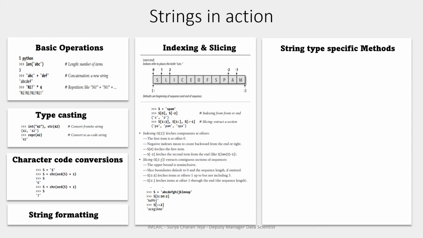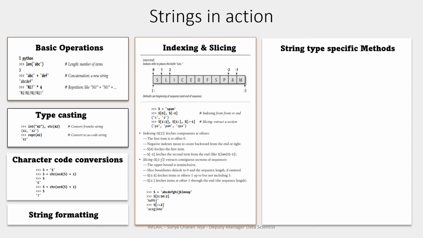The second one is typecasting, the other most important one. Typecasting is used to convert an int or float to string, or the other way around.